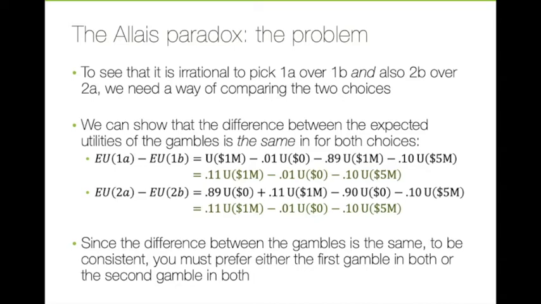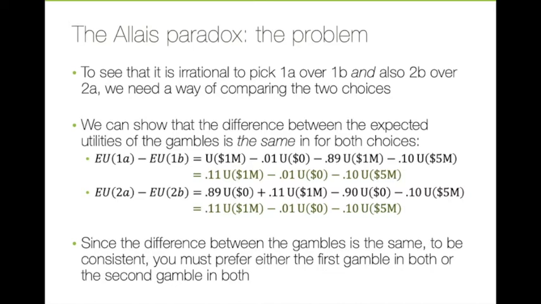And then in the second case, the expected utility of 2A minus 2B, we have the expected utility of 2A, which is 0.89 times the utility of nothing, plus 0.11 times the utility of $1 million. And then we subtract the two terms of the expected utility of 2B, 0.9 times the utility of 0 plus 0.10 times the utility of 5 million.